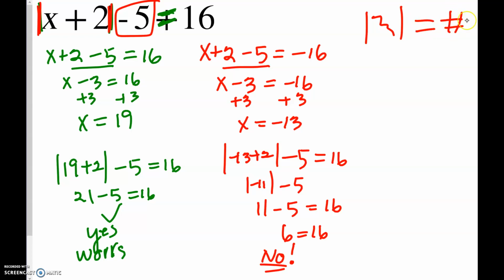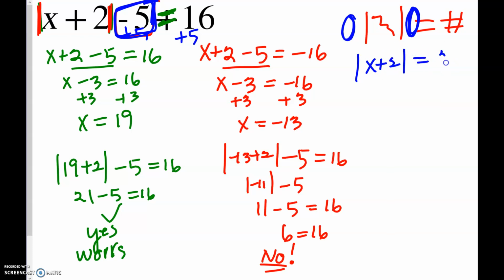You can't have any numbers in front outside of the absolute value or behind it. So our first job is always going to be to move this number to the other side. I'm going to add 5 to both sides so that I end up with the absolute value of x plus 2 equals 21.